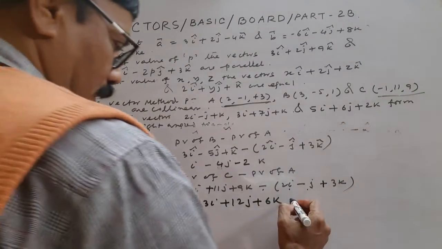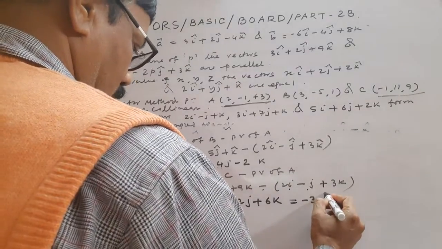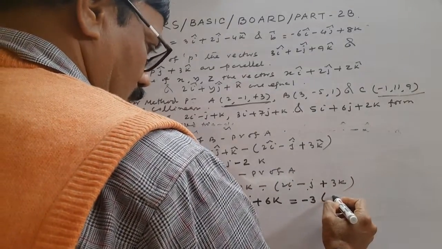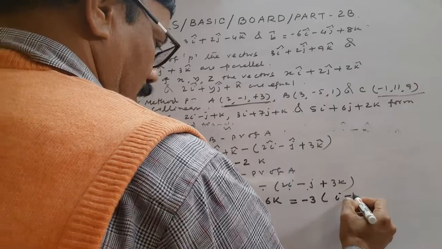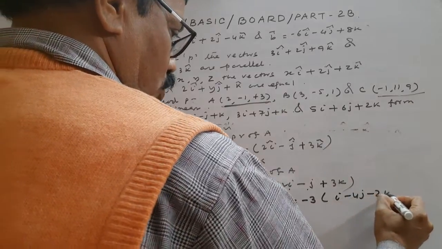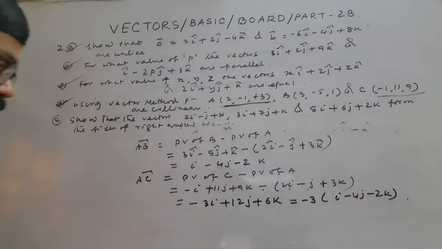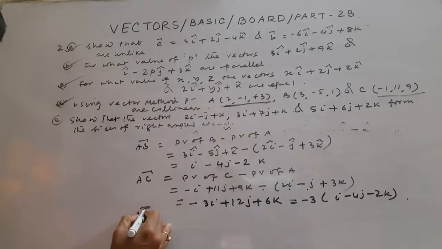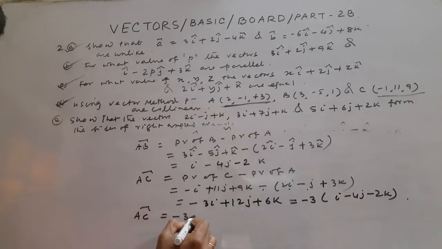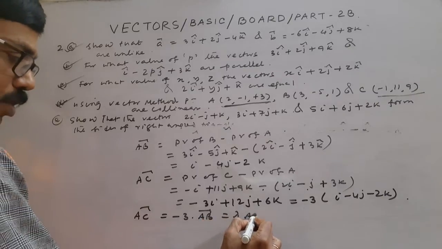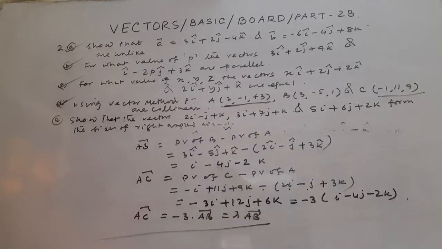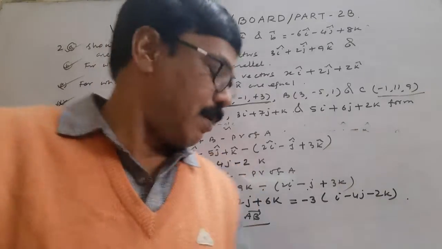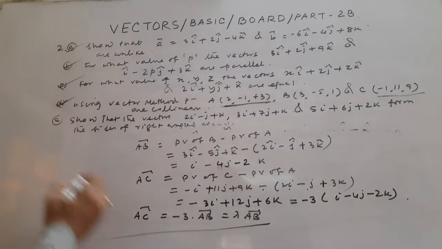Now if we take minus 3 common, we get i minus 4j minus 2k. So AC vector equals minus 3 into AB vector, that is lambda into AB vector. So AB and AC are parallel.